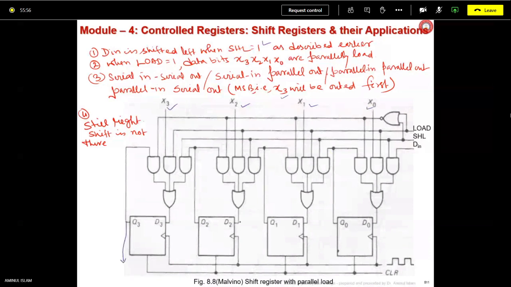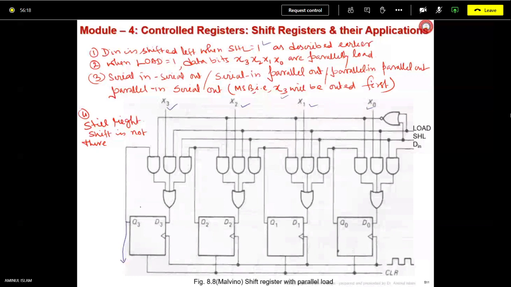Serially, it will be left shifted and serially outed. Or you can parallel load all the 4 bits x0 to x3 into the flip-flops, and you can serially out it. If you take the output from Q3, you'll get all the bits one by one. So all these activities can be done.